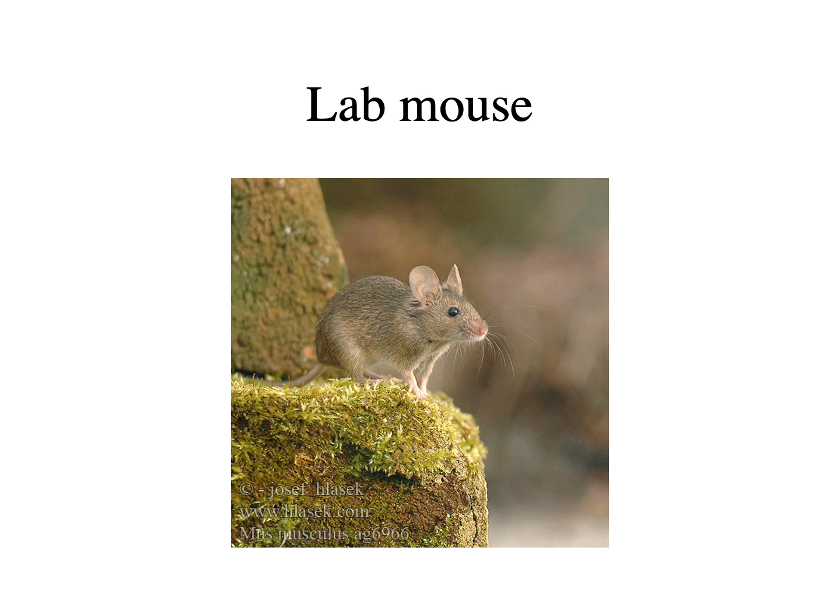In fact, the lab mouse, Mus musculus, has been used to develop models for just about every single disease there is. Just about every single disease, there is a mouse model that mimics it.